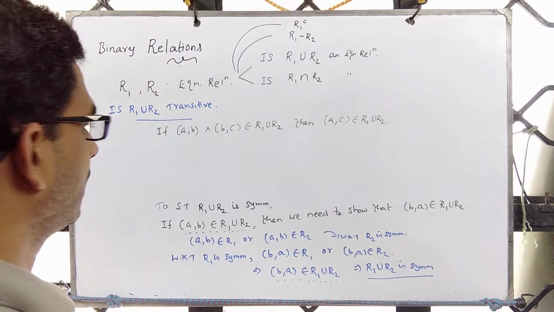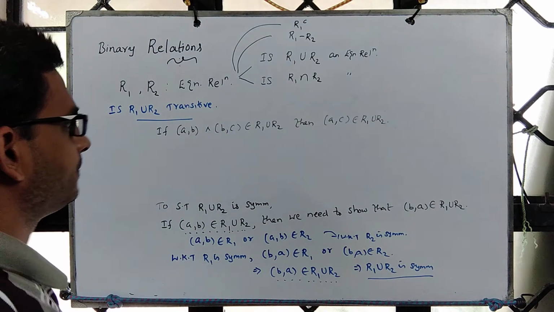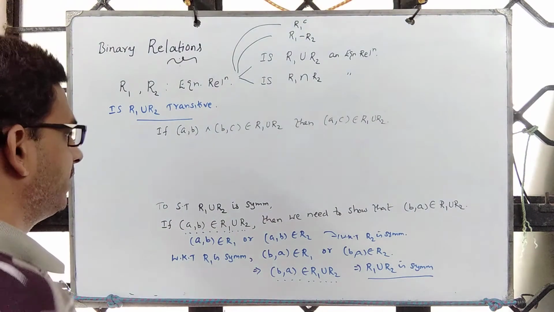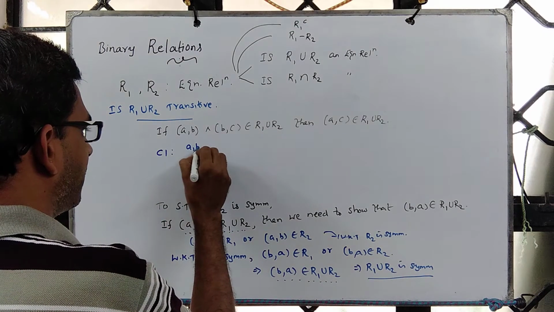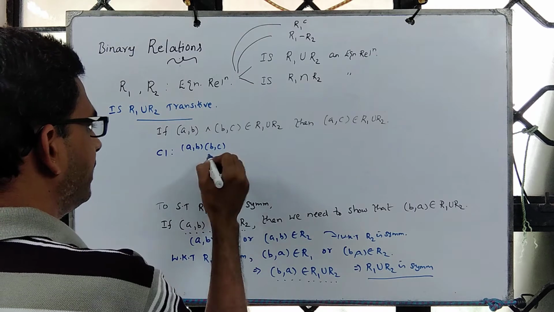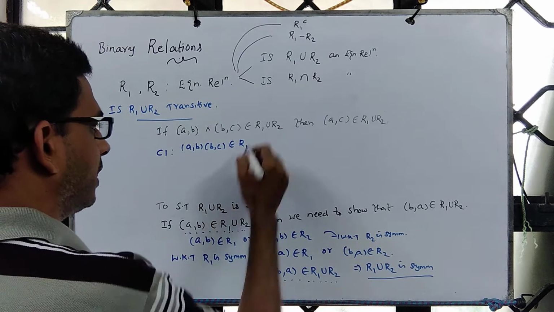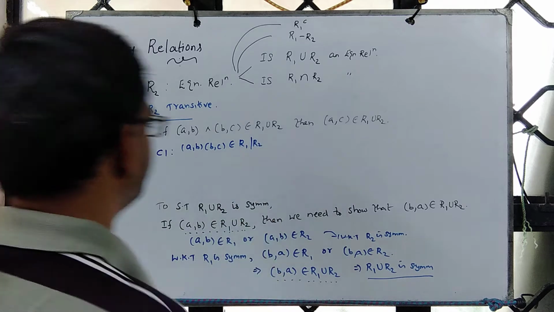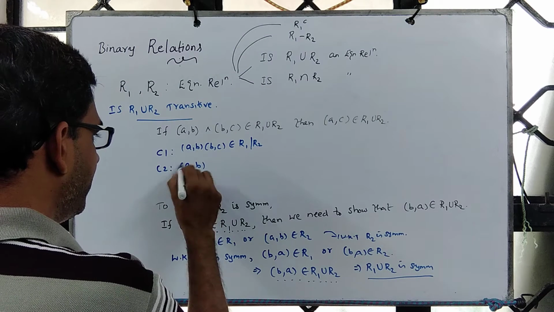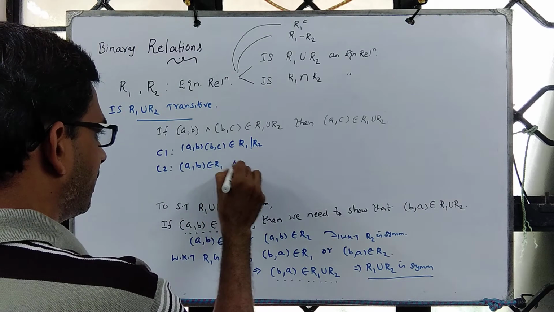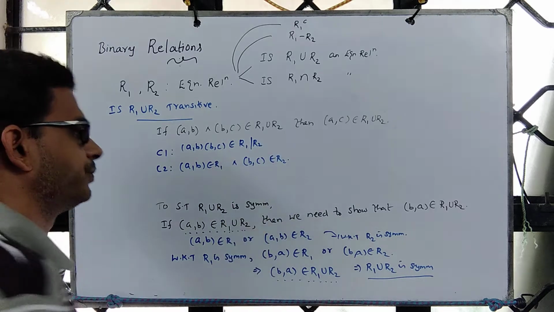Fine. Now, if this is present, then the following cases may come, right? It may be the case that (a, b) and (b, c) both are in R1 or both are in R2. Or it may be the case that (a, b) is in R1 and (b, c) is in R2.